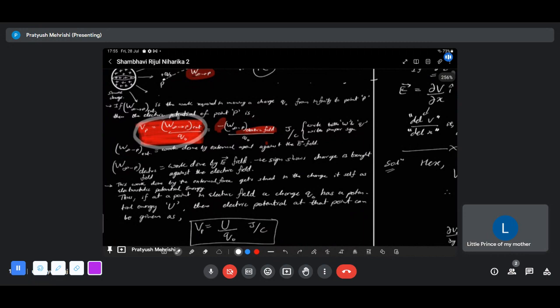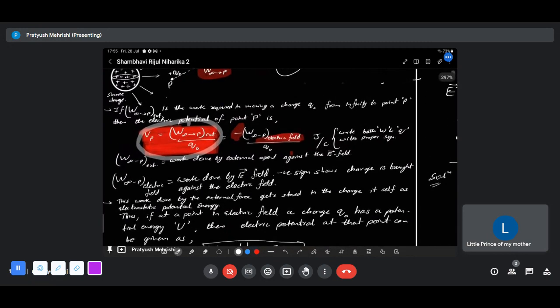See the second point. If W infinity to P is the work required in moving a charge Q naught from infinity to point P, then the electric potential at point P, this is the same thing which I just said. Here my charge is not 1 unit, here my charge is Q naught.